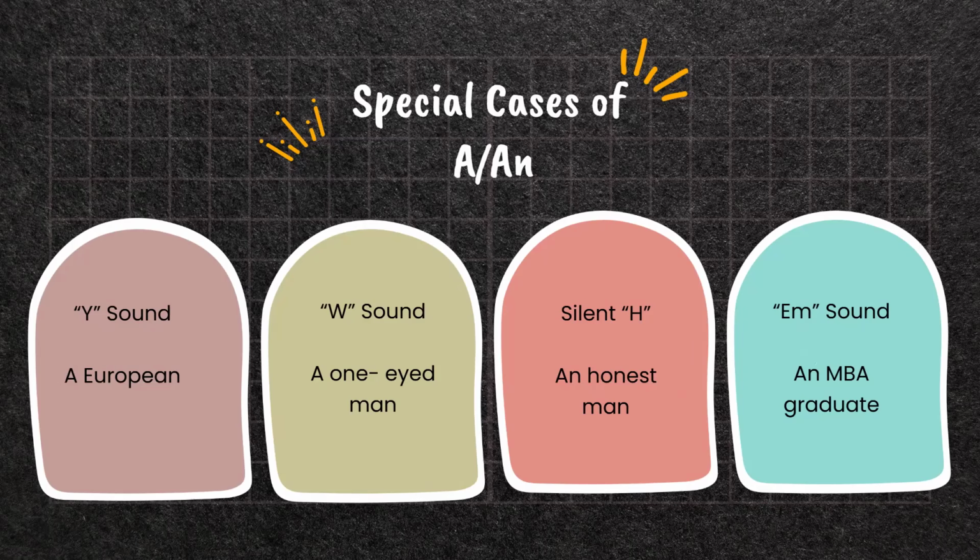An MBA graduate, even though it begins with M, a consonant letter, the initial sound is em, which starts with a vowel sound, so I use an before MBA. Always listen to the sound at the beginning, not the letter, and you will get it right. And please don't hesitate to say the word aloud when you are planning to add an article before it.